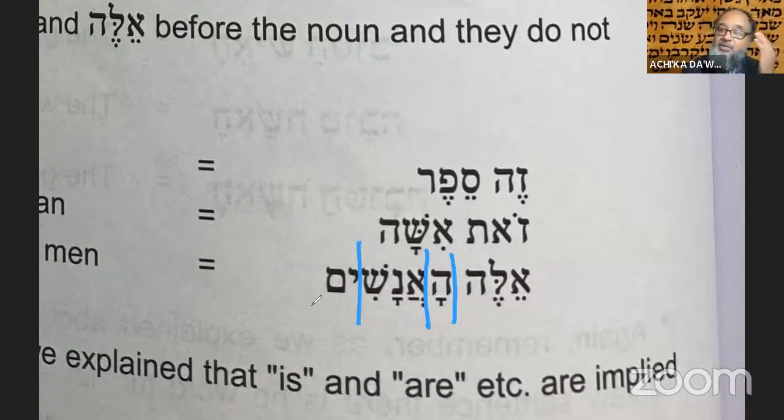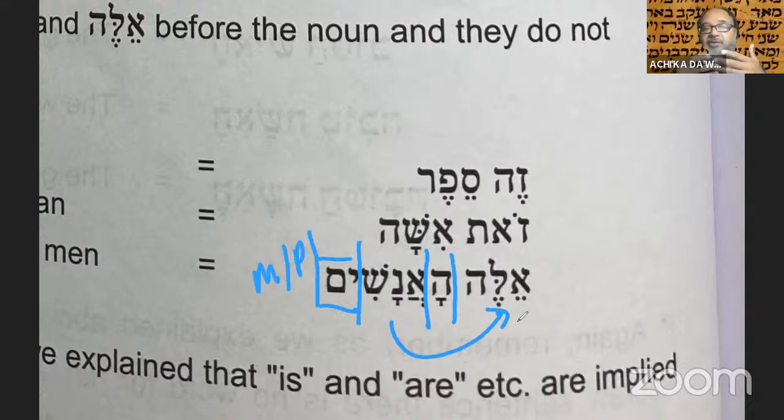From your studies, you would know that's man. And this right here is an im. That tells me that's masculine, and that's plural. And I know that if that's plural, then this has to be plural because they have to match. When you put your pieces together, you can't put a singular piece with a plural noun. You can't put a plural noun with a singular piece like a ze or a zo.